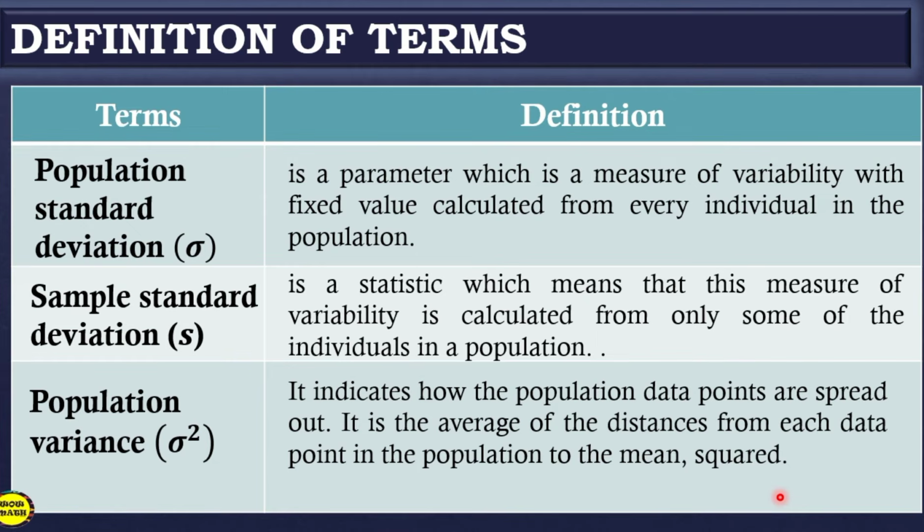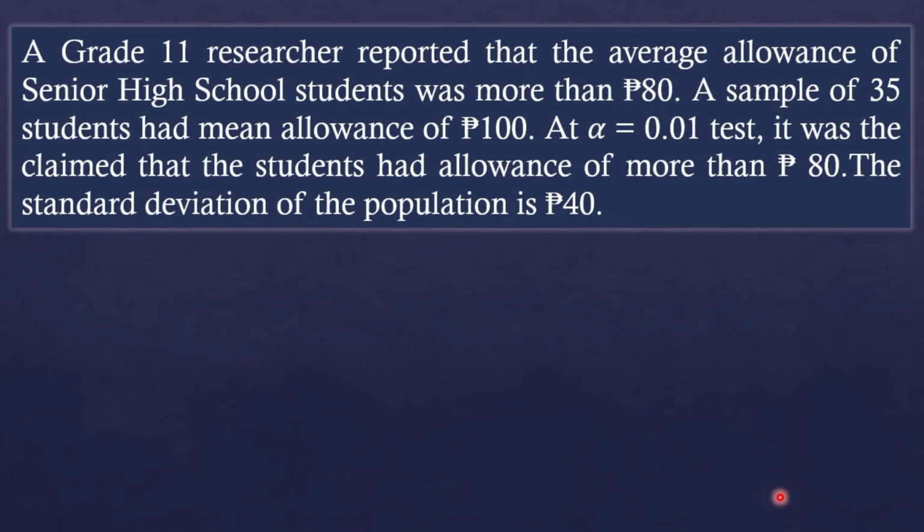So, from the activity in the previous slide, balikan natin yung unang question, yung i-determine natin yung given data. So from that example, a grade 11 researcher reported that the average allowance of senior high school students was more than 80 pesos. A sample of 35 students had a mean allowance of 100 pesos.